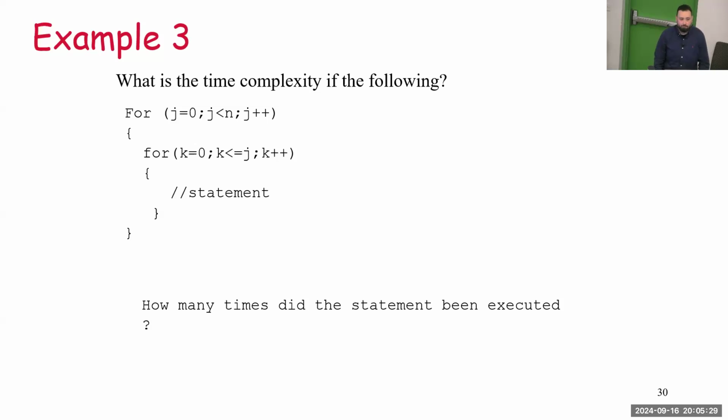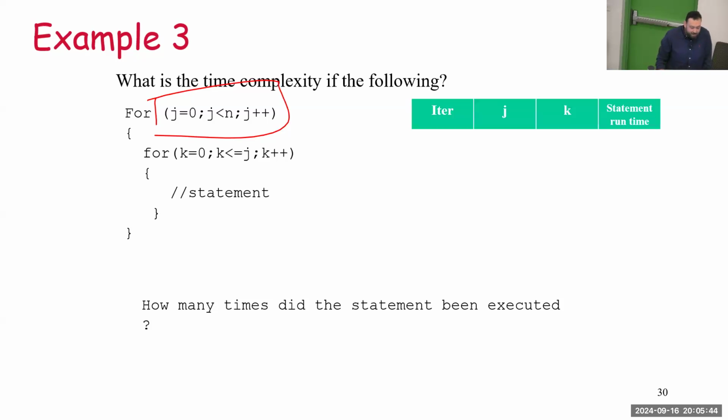Who wants to tell me? Yes. J equal to 1 or? So this is J. J equal to what? 0. Very good. Now the second one is going to be what? So J equal to 0. I enter this loop. So what is going to be K? 0 again.